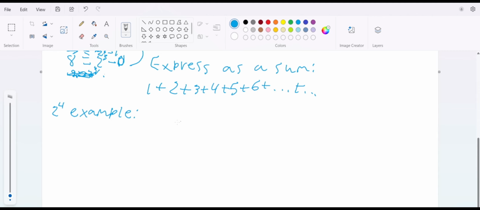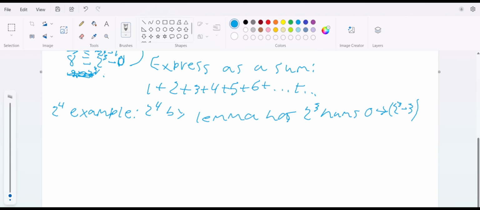Basically, 2 to the 4 by the lemma has 2 to the 3 numbers ranging from 0 to 2 to the third minus 1. Okay, cool.